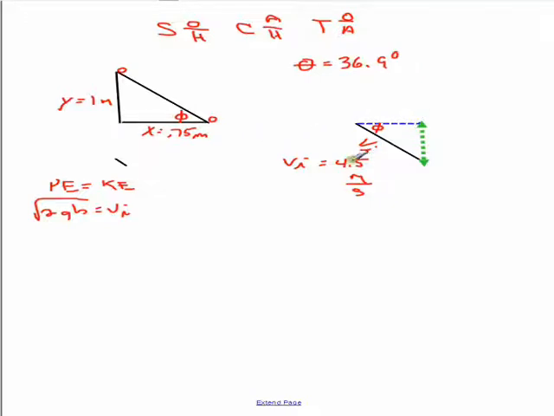Okay, so basically it's the same as me having VI as the hypotenuse of my triangle, which is equal to 4.5 meters.